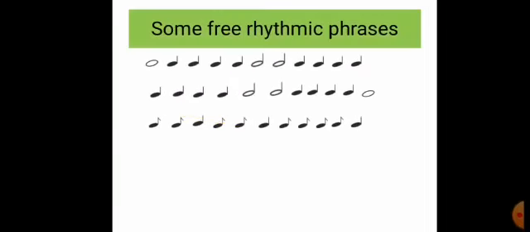Let's have some more free rhythmic phrases. All those examples we gave previously were only one kind of note organized for us to play, just to know their values or experiment with their values. This time I have mixed the note values up.